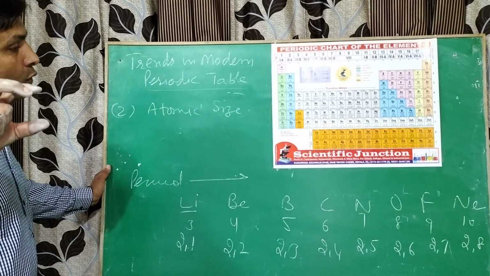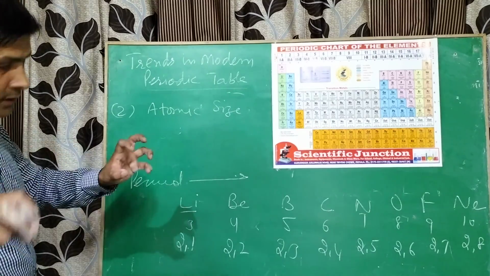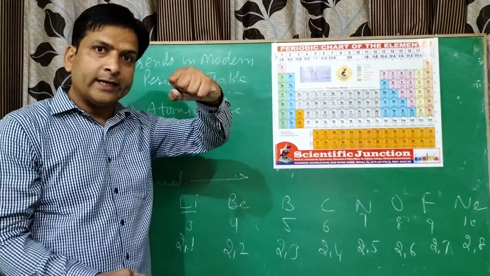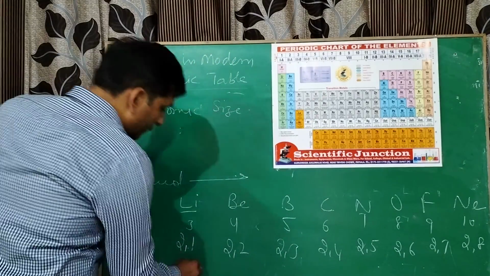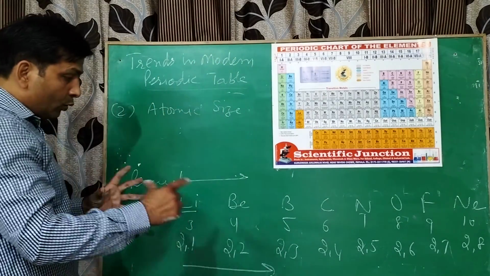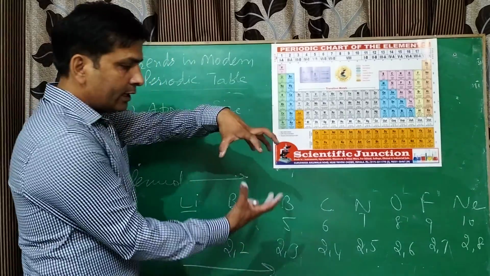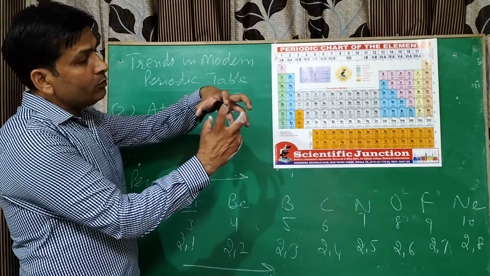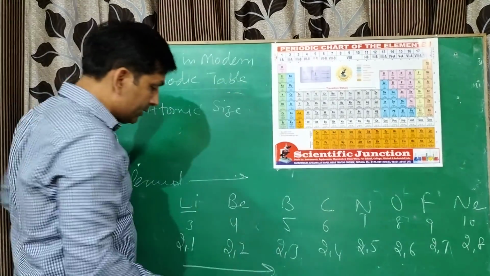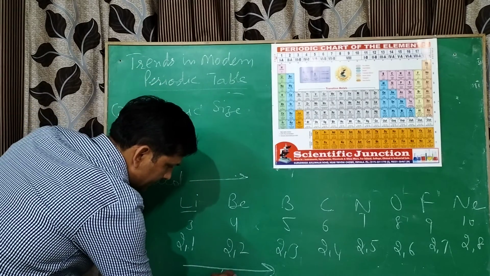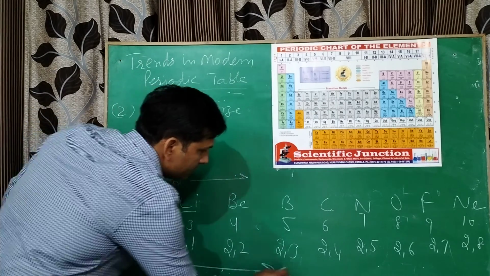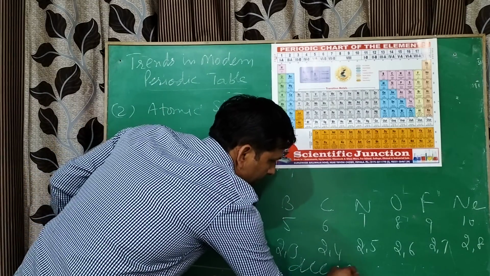With more positive charge, they attract the outermost electrons more effectively than the previous element. If they attract more effectively, the size will decrease. Therefore, when we go from left to right in a period, the size decreases.